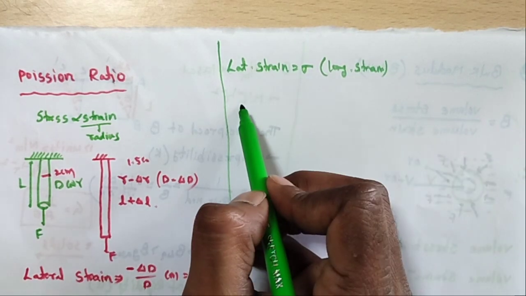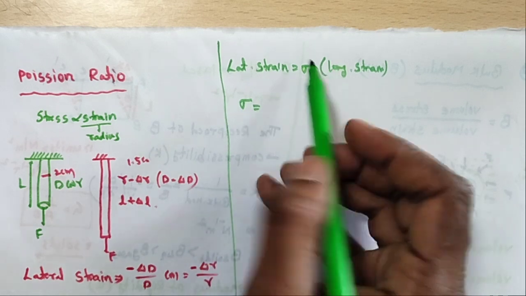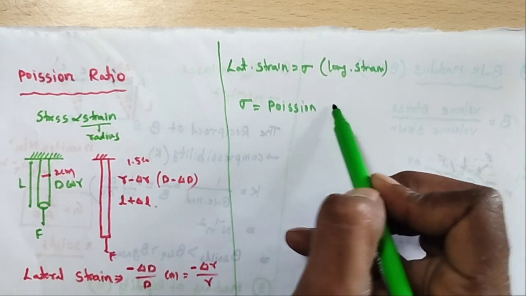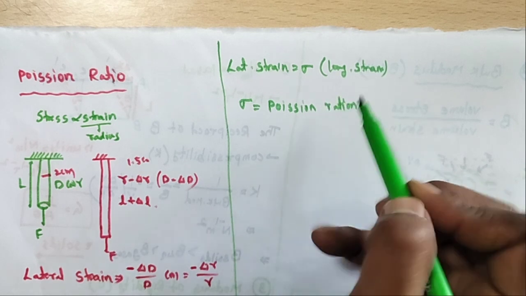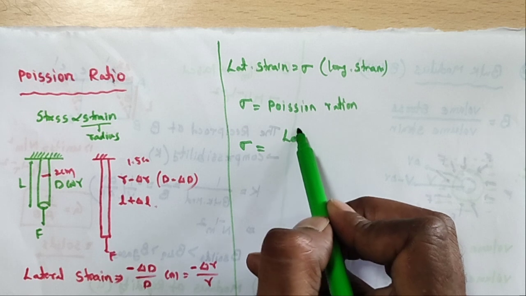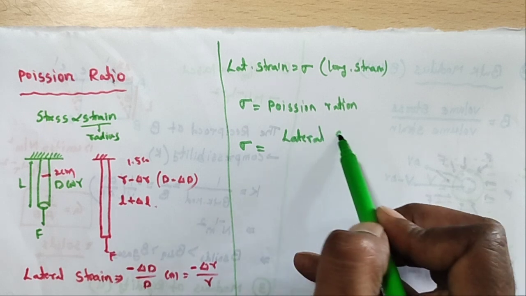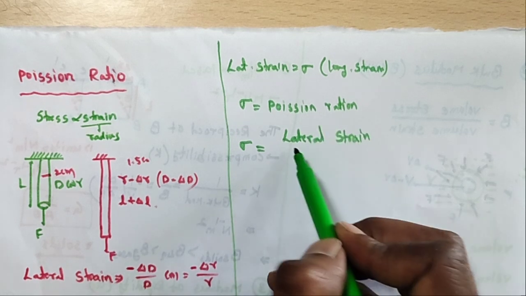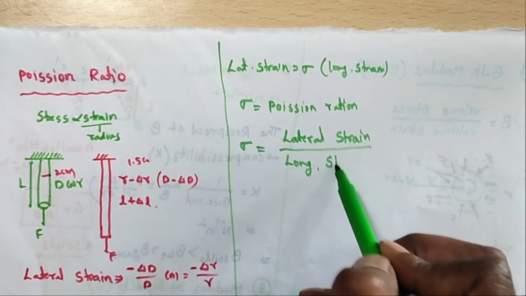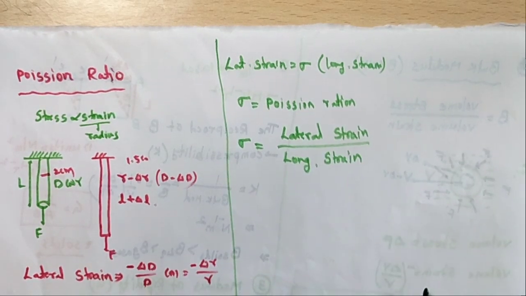Sigma is called Poisson's ratio. What is the Poisson's ratio? Sigma is equal to lateral strain by longitudinal strain.